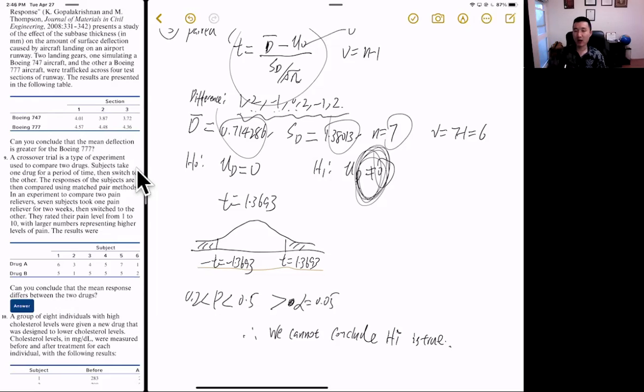If H1 is less than 0, then the p-value will be the left of t or z. If it's not equal to 0, then it will be the sum of two tails.